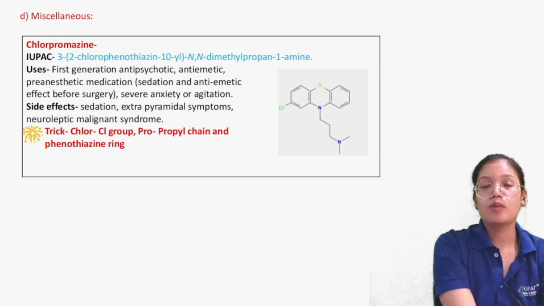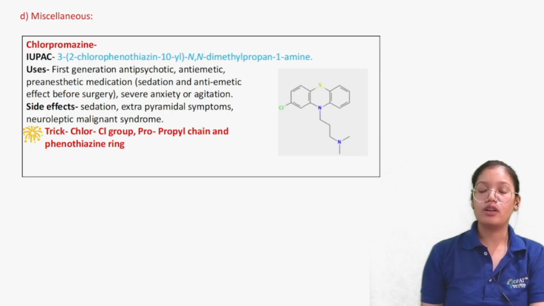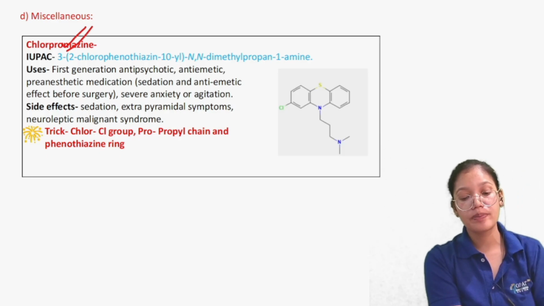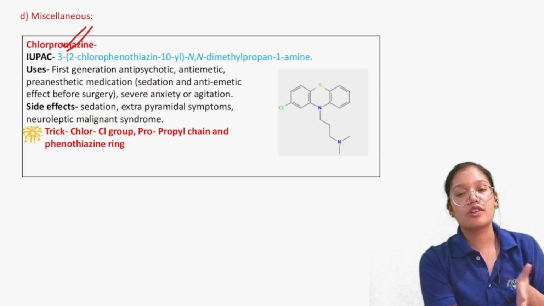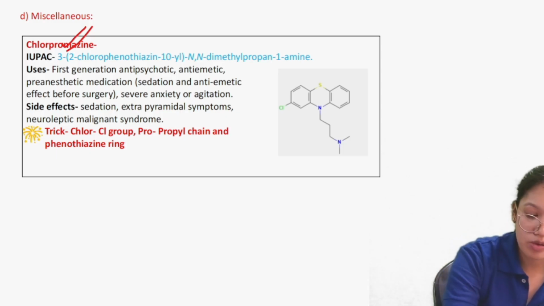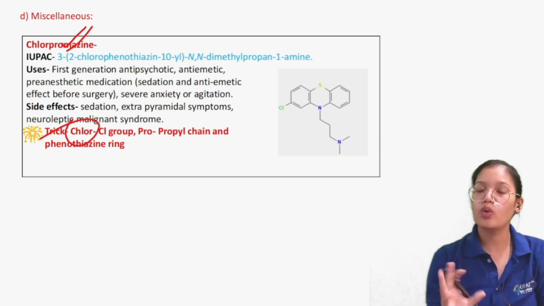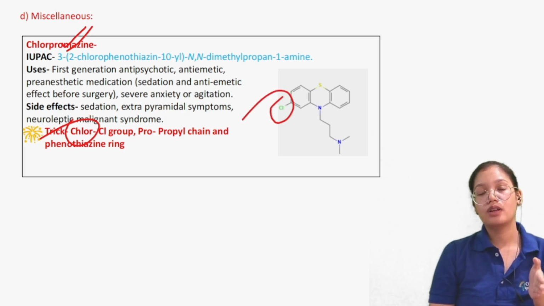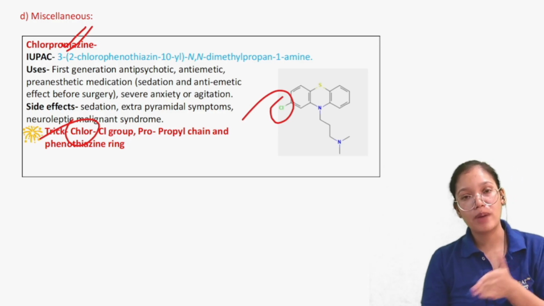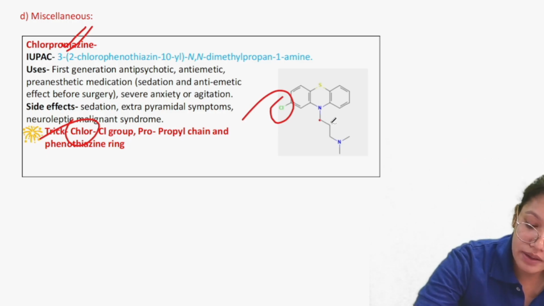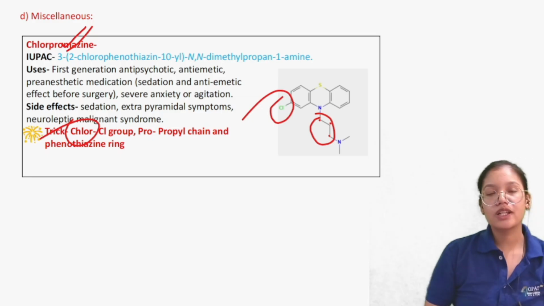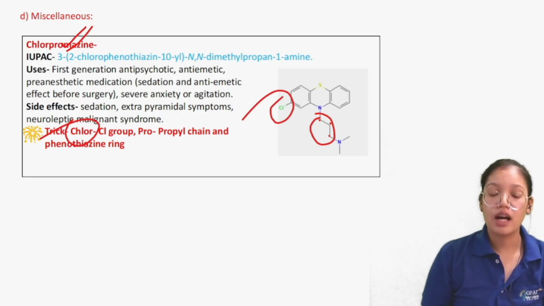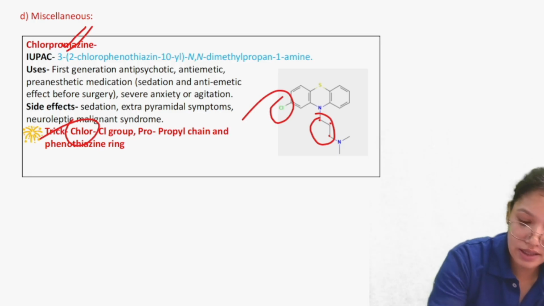Now the next class is miscellaneous. Under that we have chlorpromazine. That is the drug. Now if we go on to the structure remembering trick: from "chlor" we can remember a chlorine group, so we have a chlorine group here. Then from "prom" we can remember a propyl chain. We have a propyl chain, and there is a ring called phenothiazine.